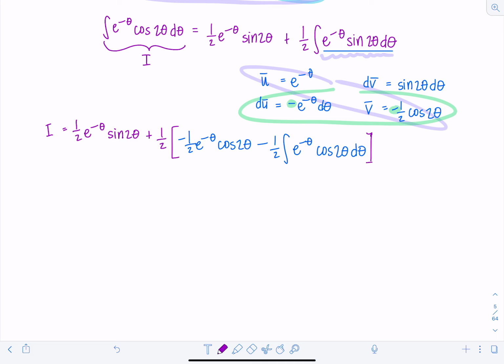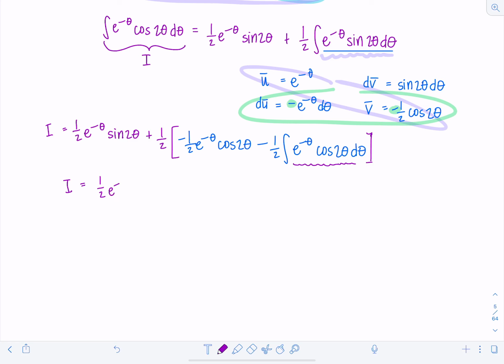Okay, and this is why now these are called integrals that boomerang. Okay, you might say, hey, wait a minute. I recognize this. That's my original integral I. Okay, so I'm going to first distribute that 1/2. We'll take it one step at a time.